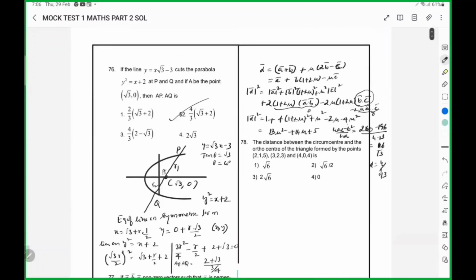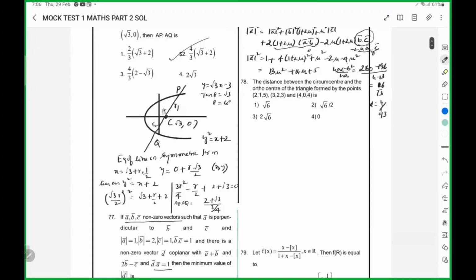Here, whenever a 3D figure is given, mostly it may be equilateral or isosceles. Let us find the distance between the points. Let us name the consecutive vertices A, B, C. AB is root of 1 square plus 1 square plus 2 square, root 6.